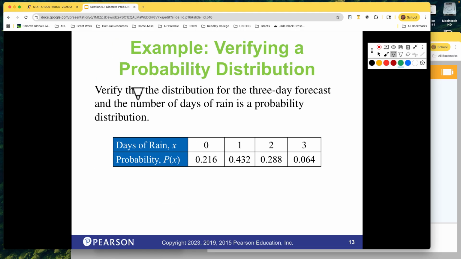Okay. Here's another example. So if we weren't given the frequency table, but we were given this chart with the relative frequencies, and we're asked to verify if this is a probability distribution. So we're looking for 2 things, and 2 things only. The homework has a few of these. You're checking that each of the individual probabilities is between what 2 numbers? 0 and 1.